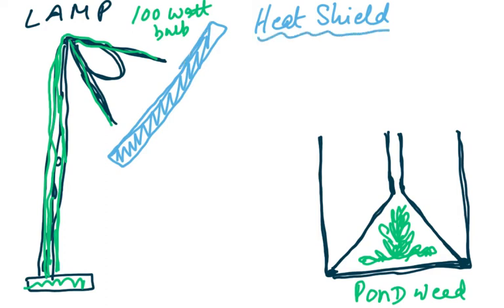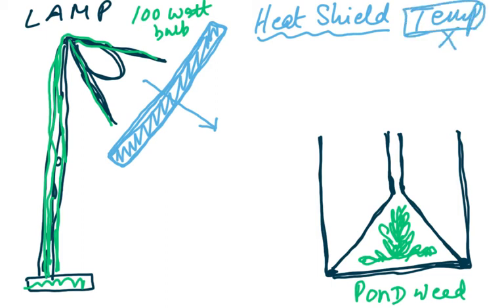A heat shield is two sheets of glass with water in it. So light is going to pass, but no heat, because the lamp would also emit a bit of heat, and this could affect the temperature of the plant. So we don't want the temperature to be affected.